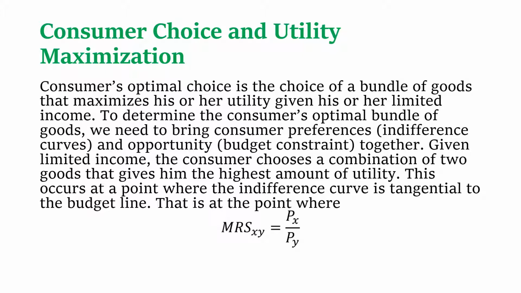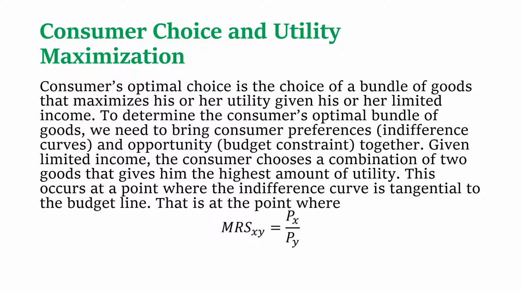Now, to determine the consumer's optimal bundle of goods, we need to bring consumer preferences and opportunity together. So we're going to bring the opportunity of the consumer, the budget constraint, and the indifference curves, the consumer's preferences, together in order to get the consumer's optimal bundle, right?